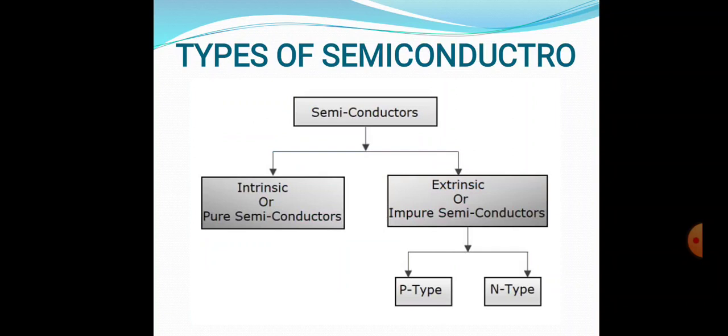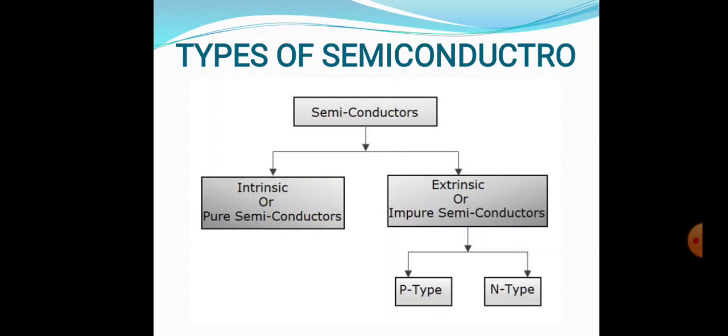Further, the semiconductor can be classified into intrinsic semiconductor and extrinsic semiconductor. Intrinsic semiconductor is nothing but the pure form of elements like silicon and germanium, whereas extrinsic semiconductors exist by the addition of impurities to the intrinsic semiconductor, and the type of impurity further splits the extrinsic semiconductor into two types, named n-type semiconductor and p-type semiconductor.